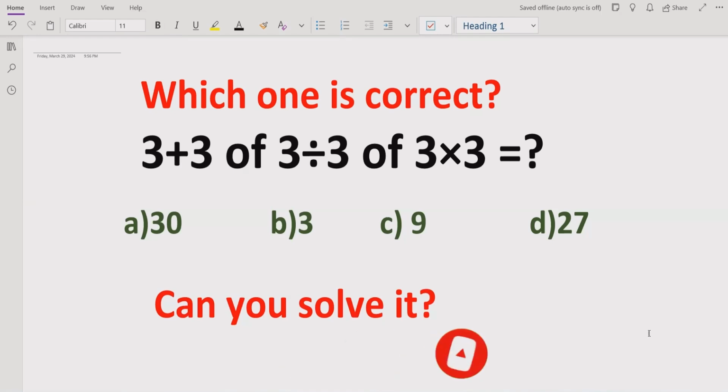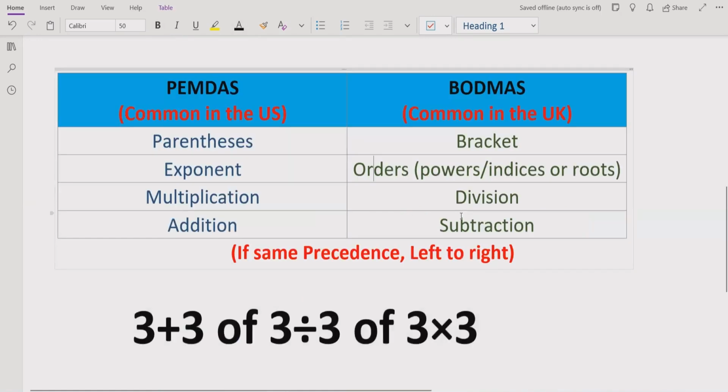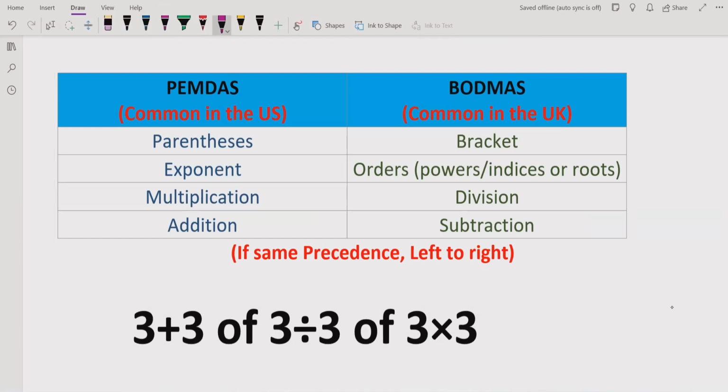And now let's start the topic. Before starting, we have to revise the PEMDAS and BODMAS rule. What is PEMDAS? If you see on the screen, you have the P for parenthesis, and if you know BODMAS, B for bracket.